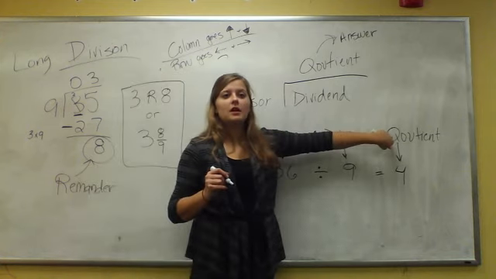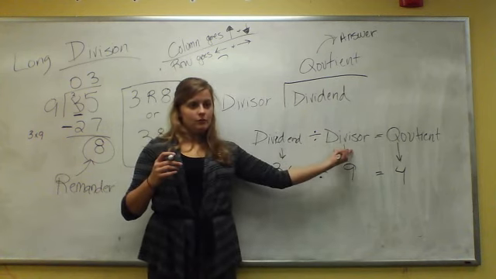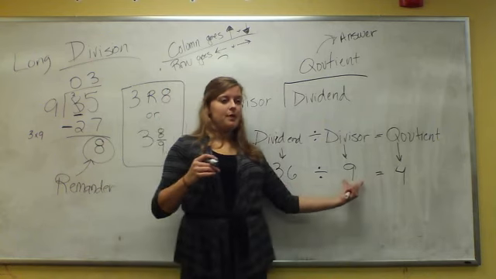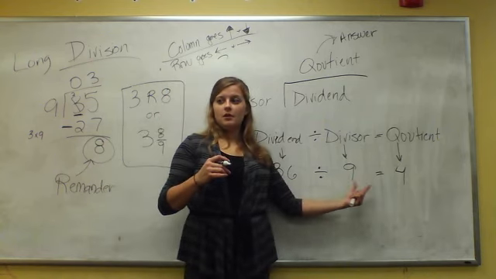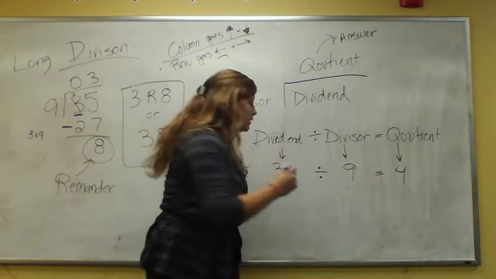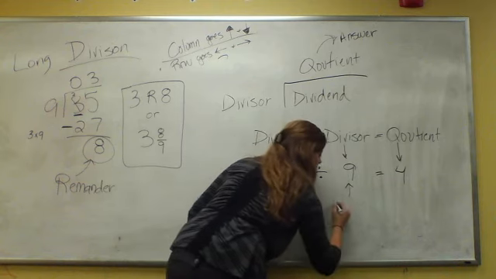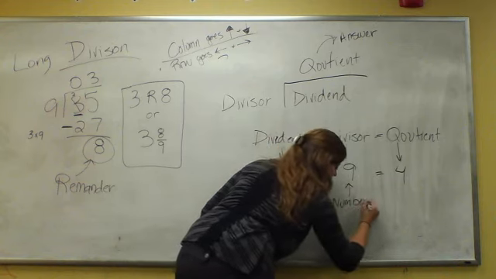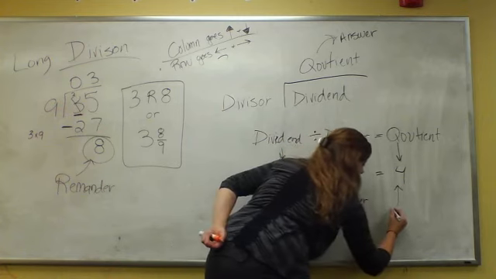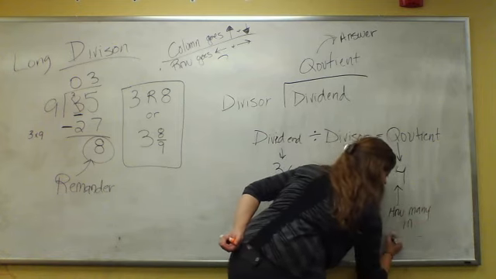My quotient is how many groups I make of the amount that I'm breaking it up into. So my total number of pieces, how many piles I'm making, how many goes in each pile. Answer's 4. So total, number of piles, how many in each pile.